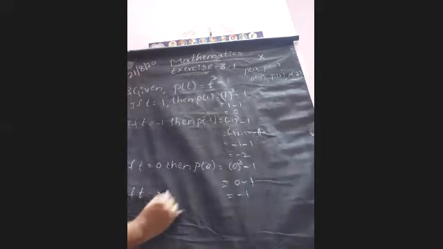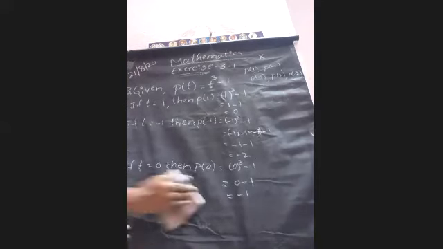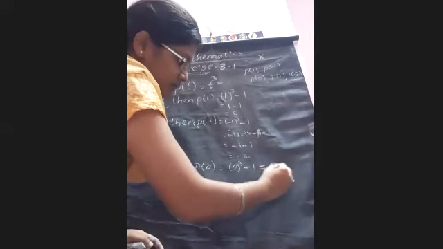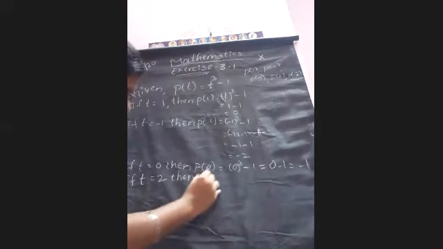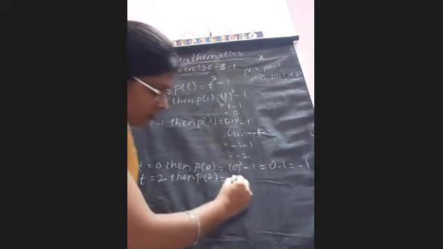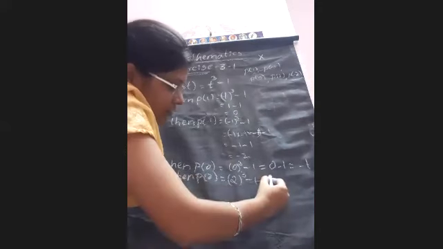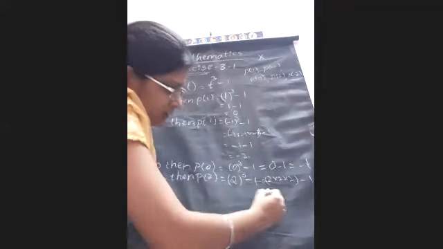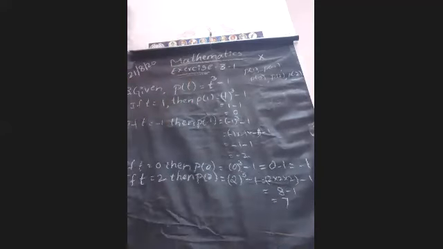If t equals 2, then P of 2 equals 2 cube minus 1. 2 cube means how much? 2 into 2 into 2: 2 twos 4, 4 twos 8. 8 minus 1 equals 7.